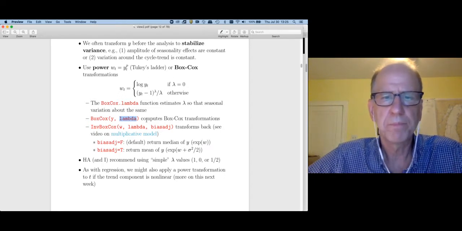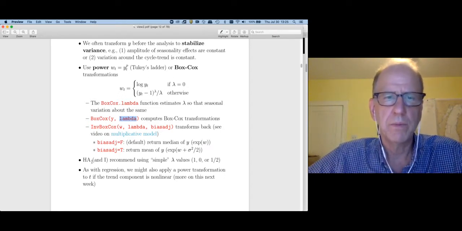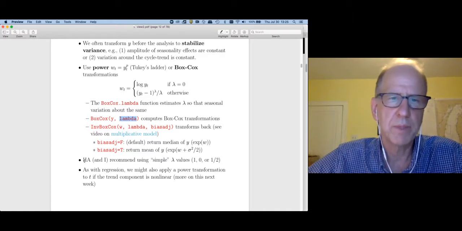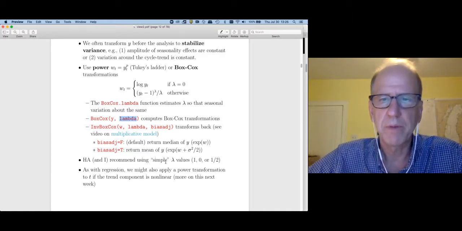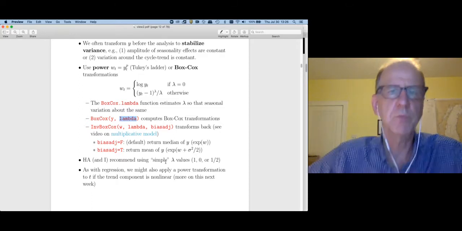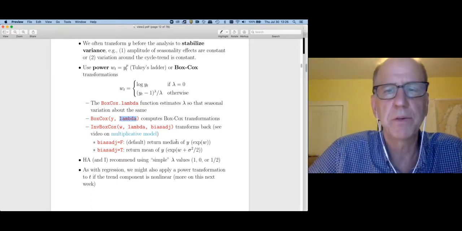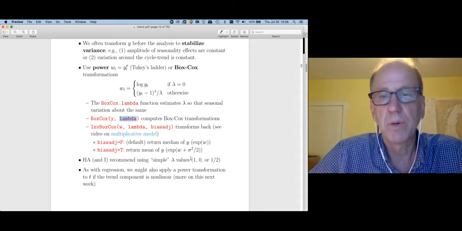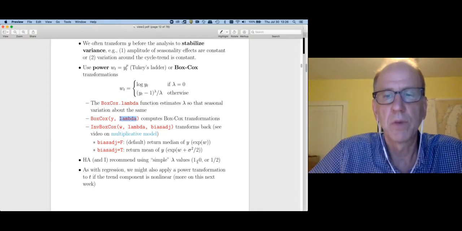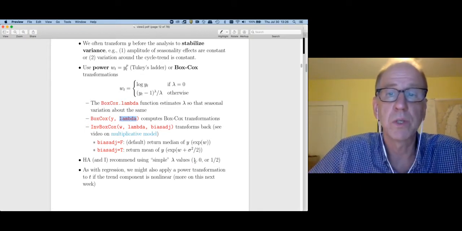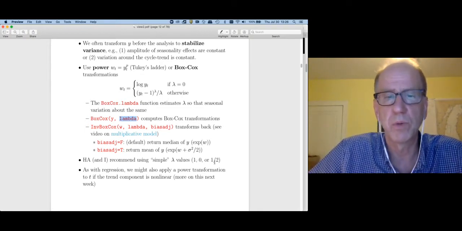Just a couple things. Your textbook by Hyndman and I recommend using simple lambda values. He doesn't really say what he means by a simple lambda value, but what I would take from that is nice round numbers like 0, which would be log, or 1, which is nothing, or a half, which would be a square root.